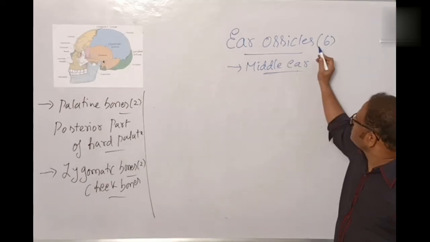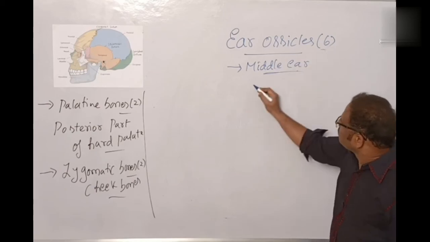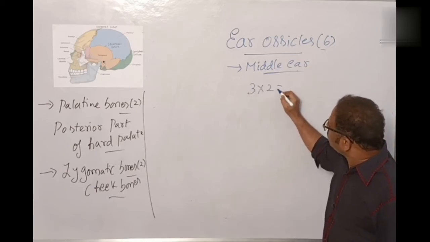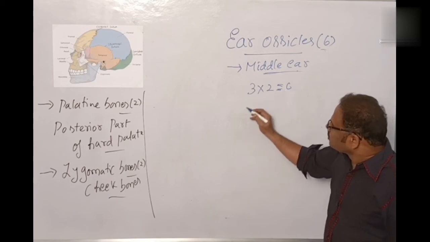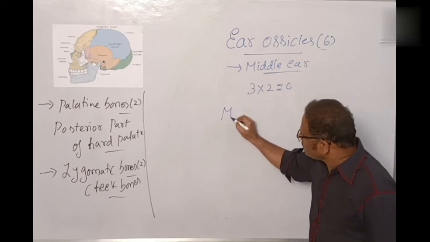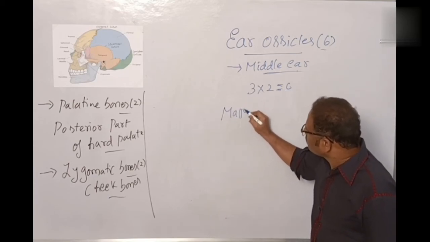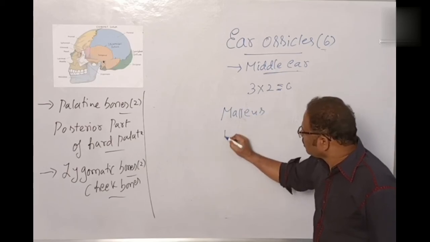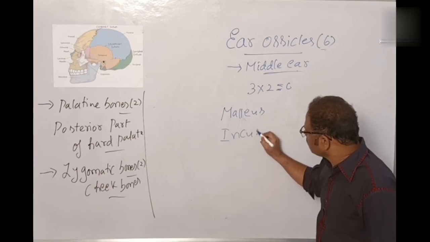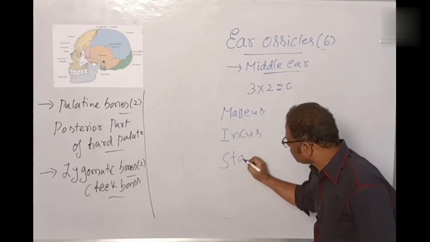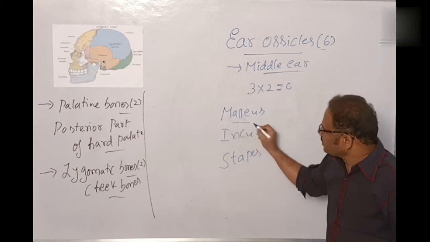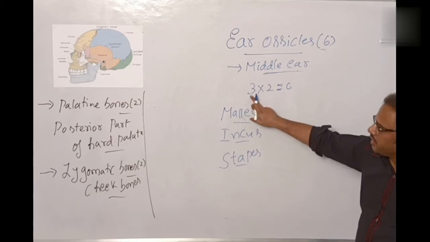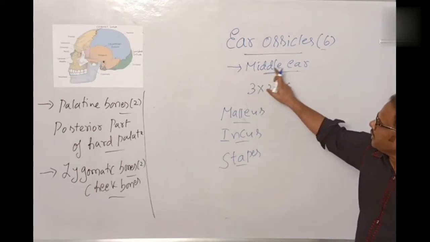Okay, ear ossicles 6 in number. Here that is 3 into 2 is equal to 6. That is 3 ear ossicles called malleus, incus, and stapes. Malleus, incus, and stapes are the 3 ear ossicles present in the middle ear.